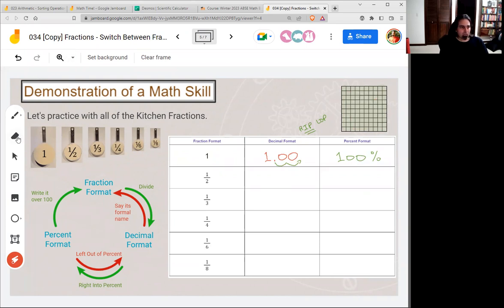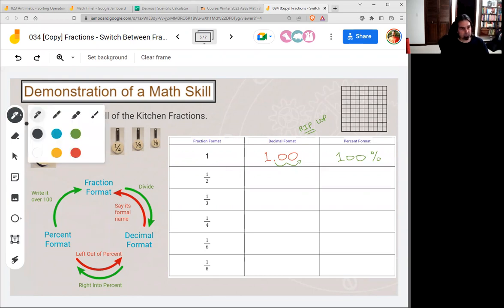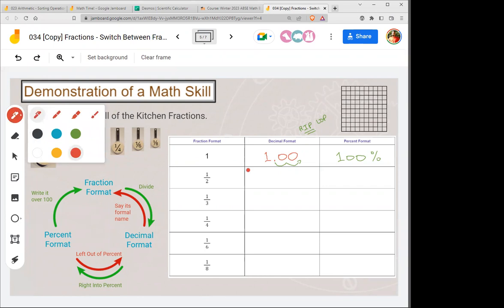Now let's clear the grid and do the 1/2. How do I change a fraction to a decimal? I'm just going to divide it. So someone on their calculator do 1 divided by 2. .5. Yeah.